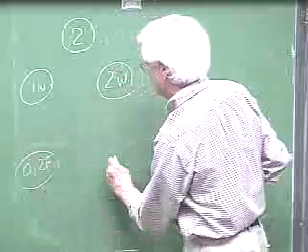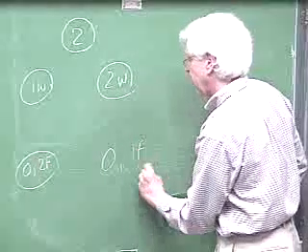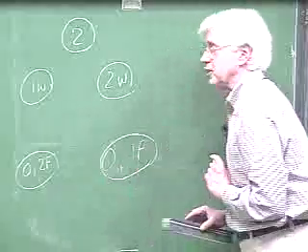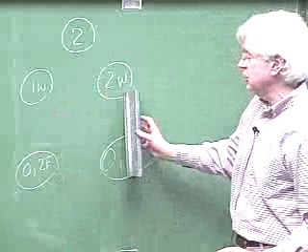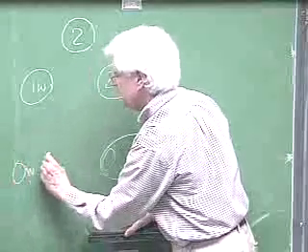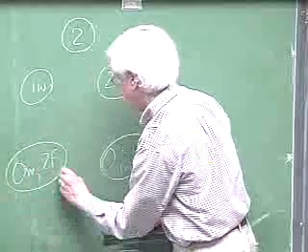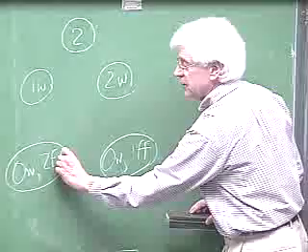Let me put that here. 0 working, 1 failed first. Maybe my labels aren't too good. This is saying they're both working. This is 1 is working, 2 is working. Let me put this 0 working, but 2 failed first. 0 working, 1 failed first.